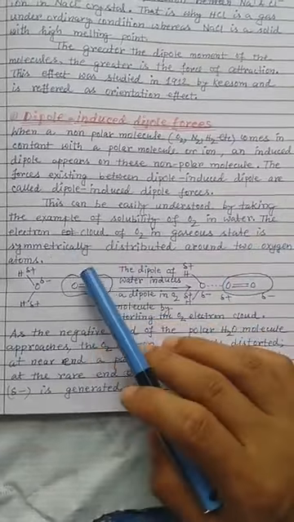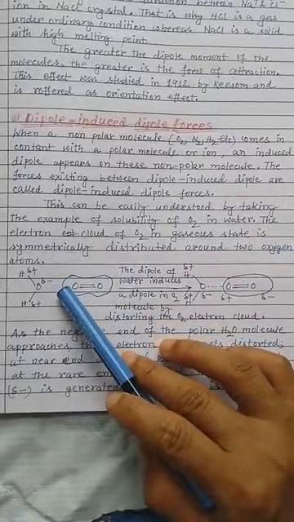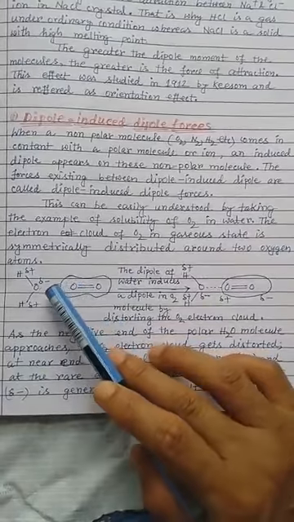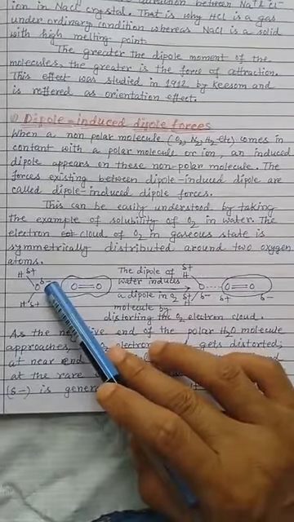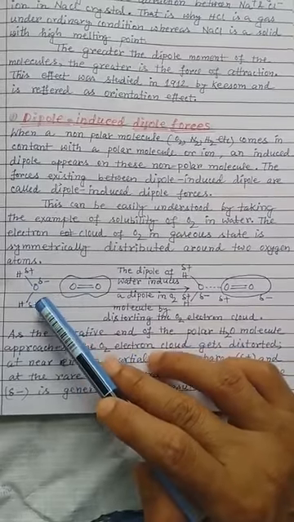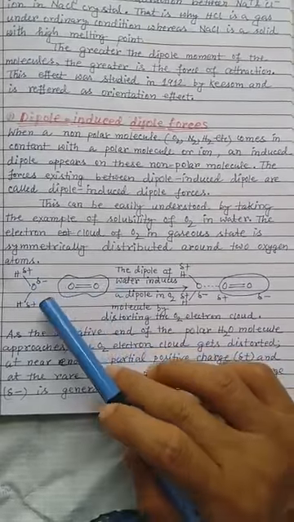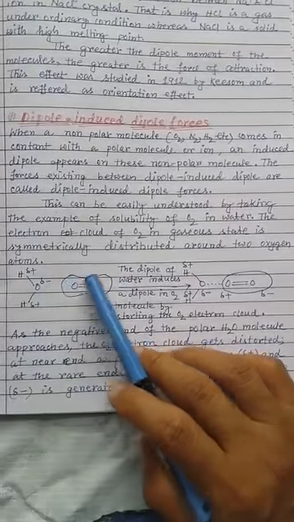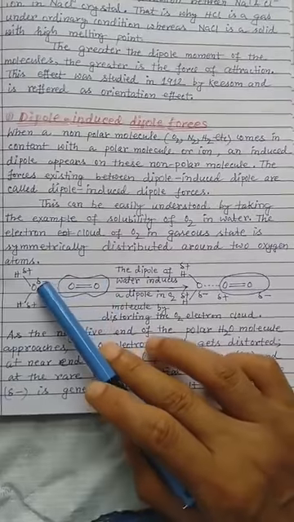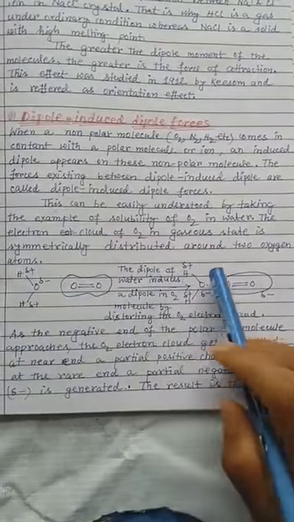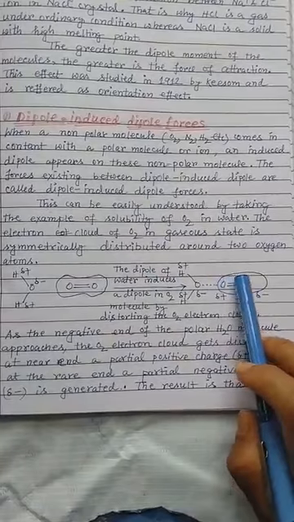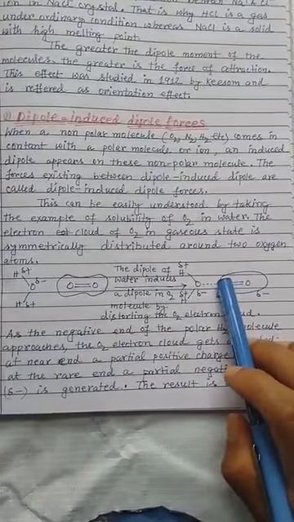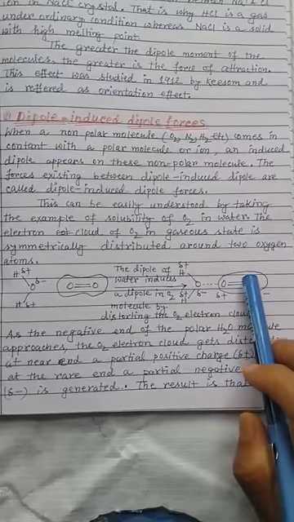When the water molecule comes closer to the oxygen molecule, the oxygen in water is partially negatively charged and the hydrogens are partially positively charged. If this oxygen atom approaches the oxygen molecule, because it is negatively charged, it will repel the electron cloud, and the electron cloud shifts from this oxygen atom towards the rear end.